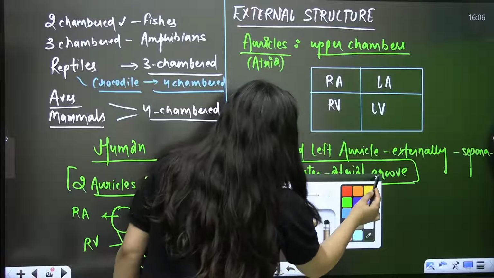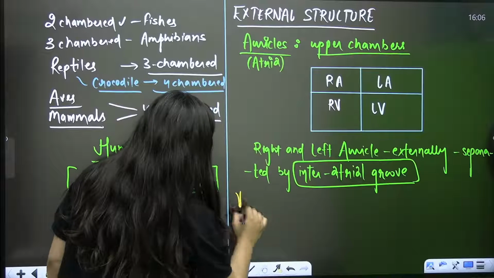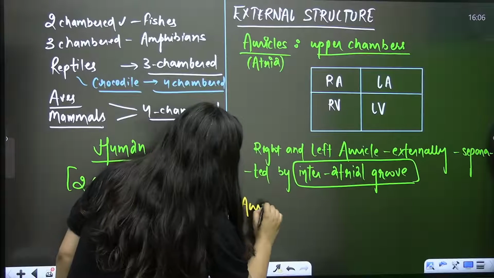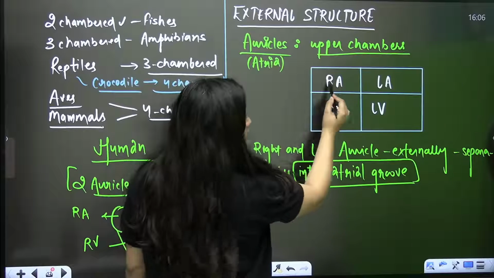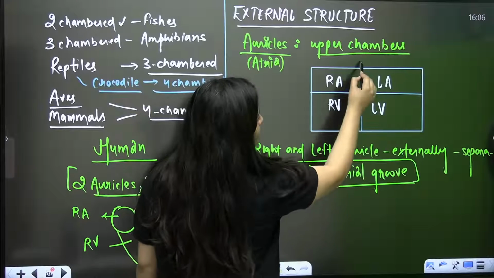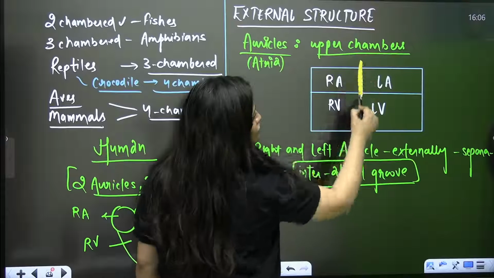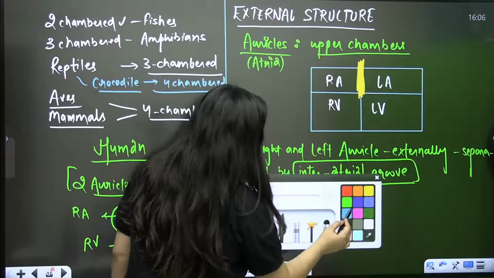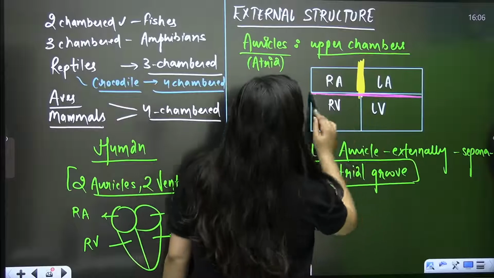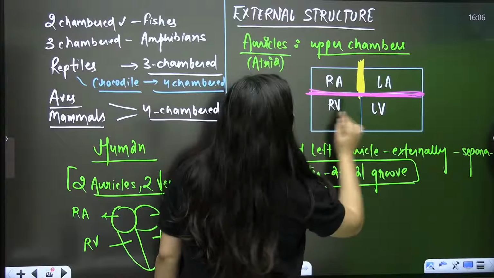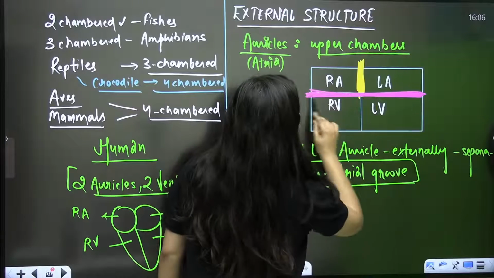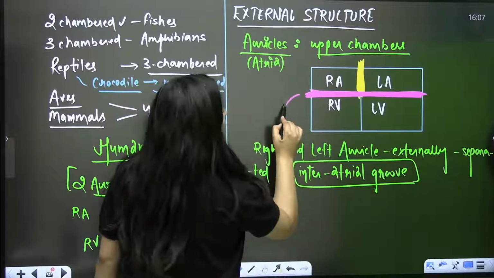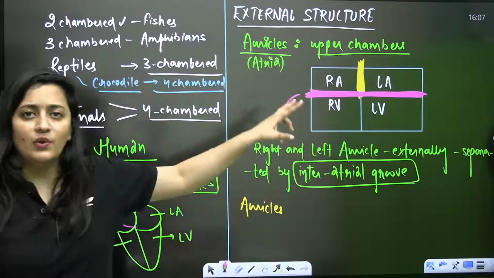Now, when you are talking about the ventricles, these are the auricles and these are the ventricles. Externally your auricles are separated by the interatrial groove, and moreover, the auricles' musculature is separated from the ventricles with the help of the auriculoventricular groove.